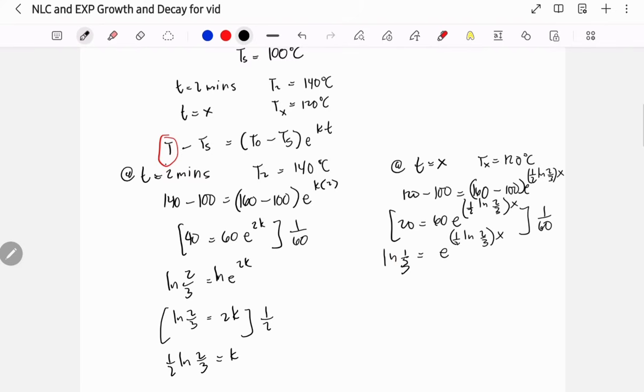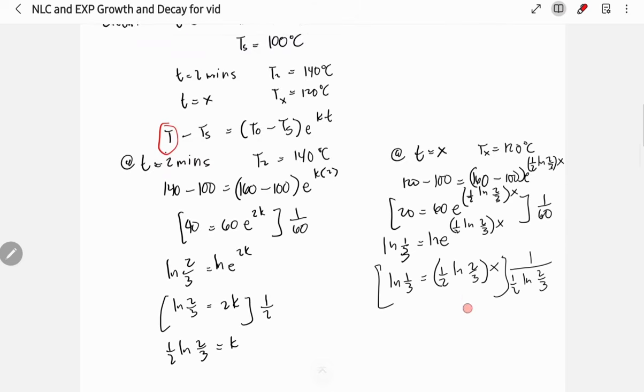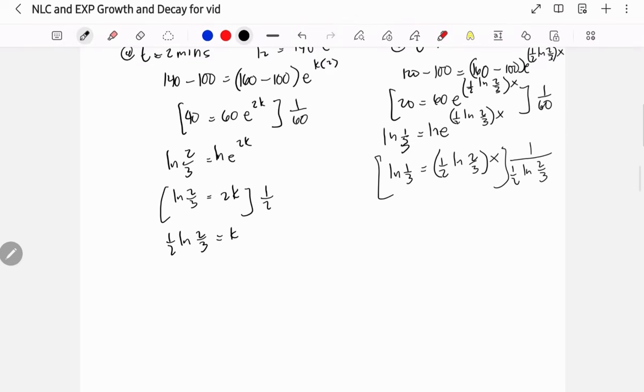Then, ln both sides. So the result is 1/2 ln 2/3 times x. Then, divide both sides by 1/2 ln 2/3. So, ln 1/3 divided by 1/2 ln 2/3 equals x.